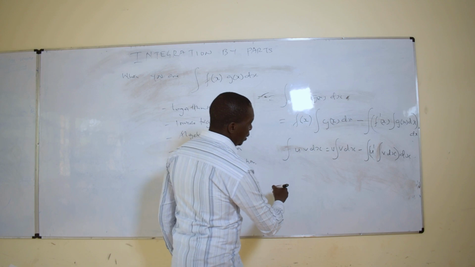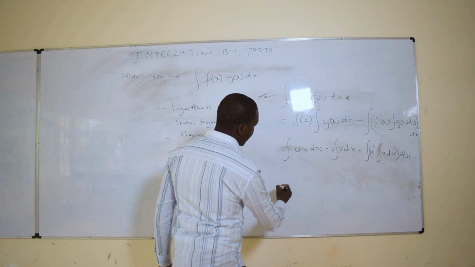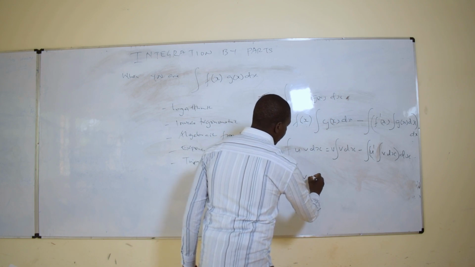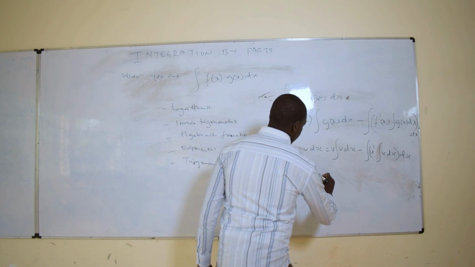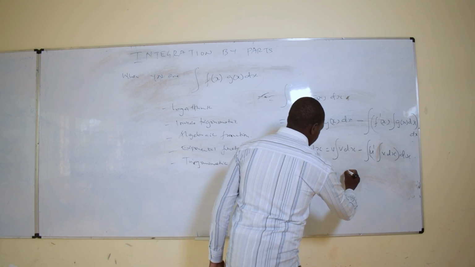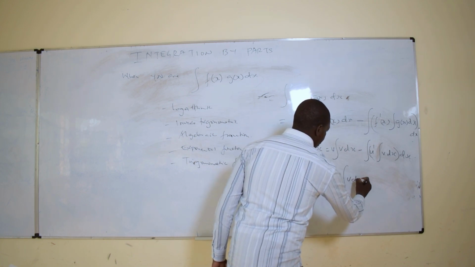Again, this formula can also be written as the integral of u dv being equal to uv minus the integral of v du.